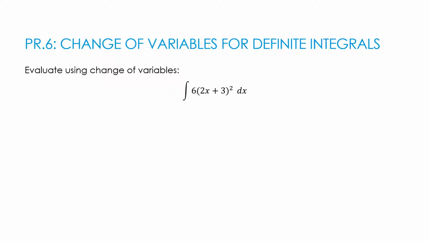So again, let's take a look at this question together. Using change of variables, I would still start by saying u is 2x plus 3, and then the derivative of u with respect to x would be 2, which means that dx is going to be du divided by 2.